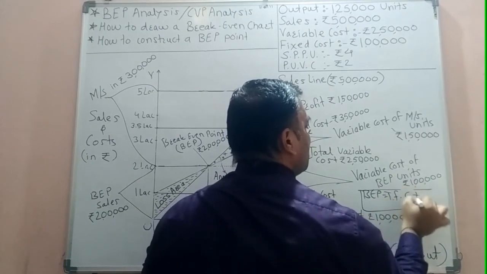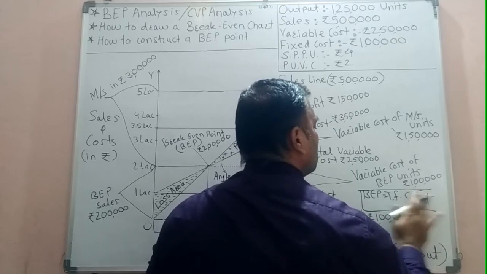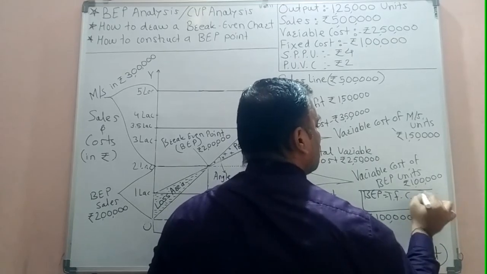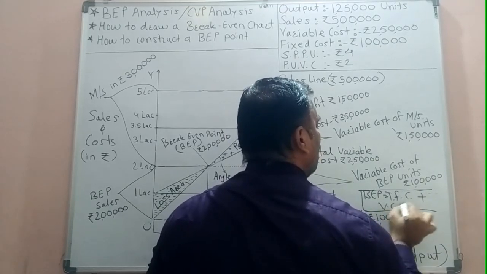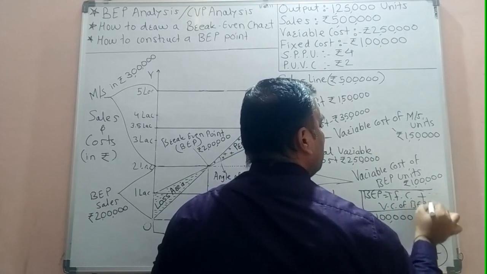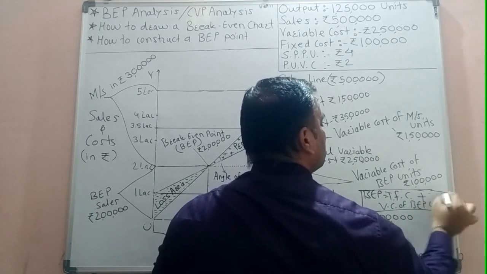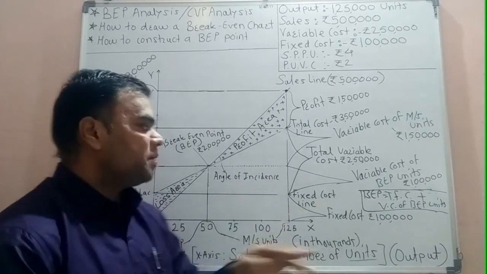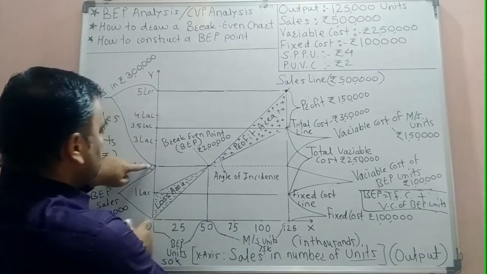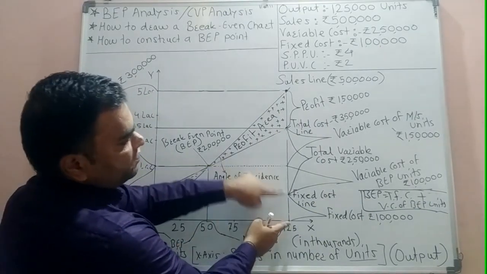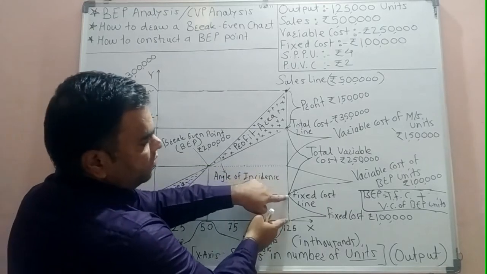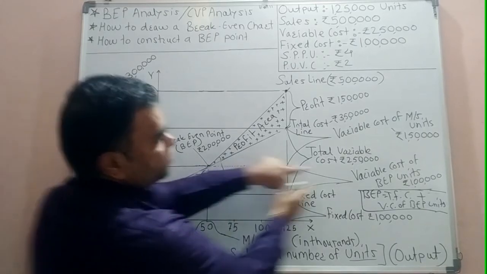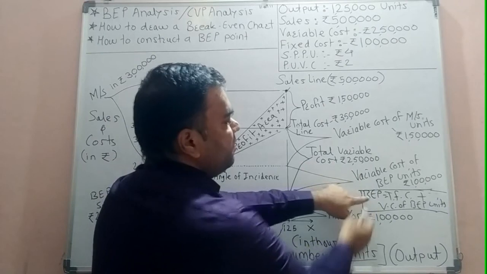Total fixed cost plus variable cost of BP units. So total fixed cost and variable cost of BP units are the contents of BP sales.